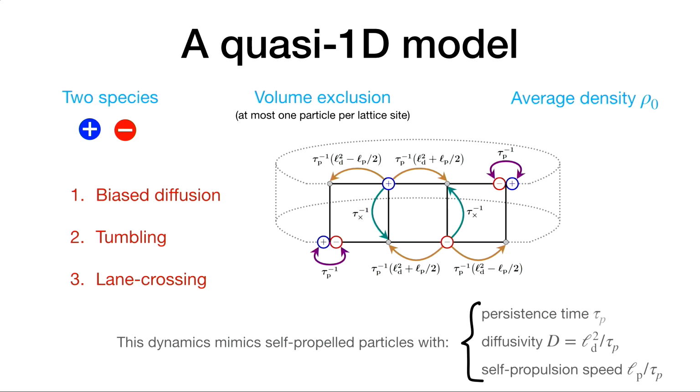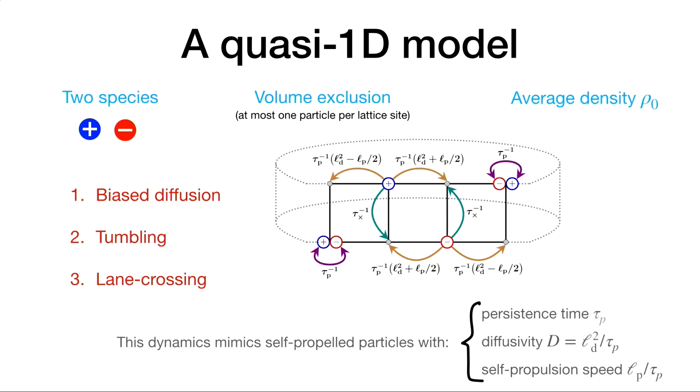Then tumbling. A plus particle can switch to a minus particle with a rate tau p to the power minus 1, where tau p is like a persistence time. Then lane crossing: a particle from the bottom lane can go to the top lane with rate 1 over tau x.